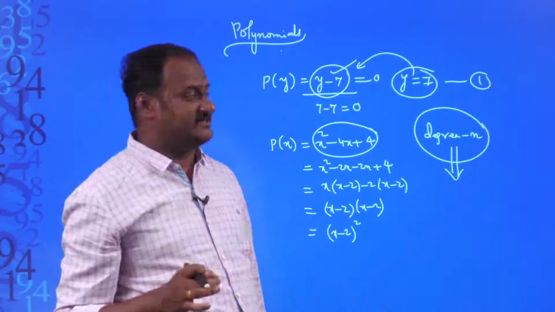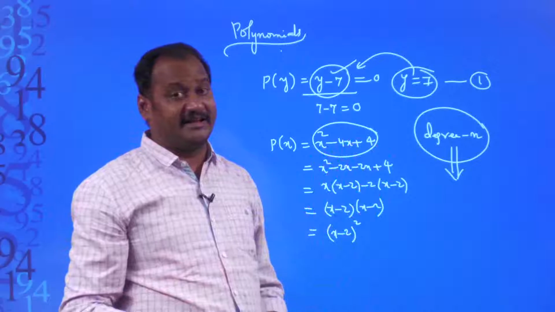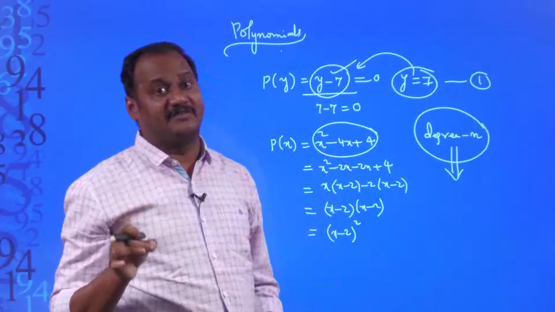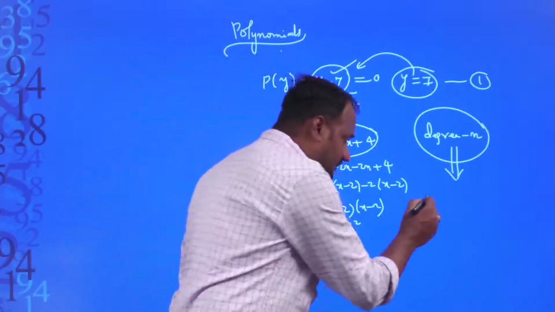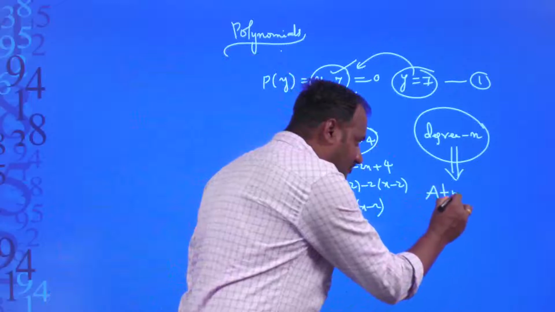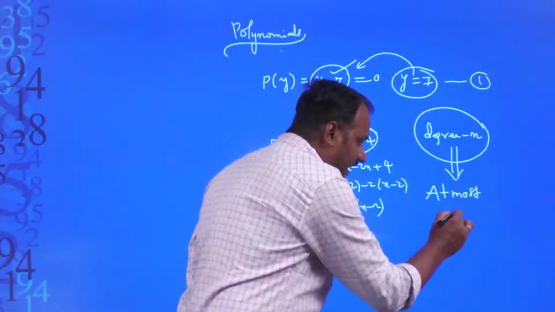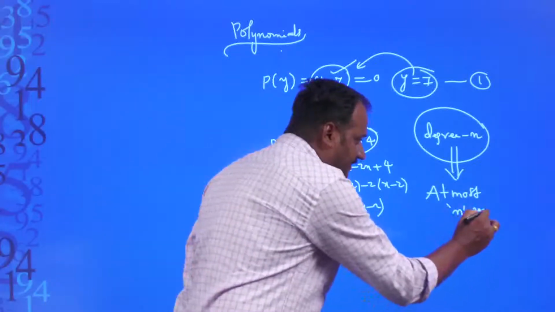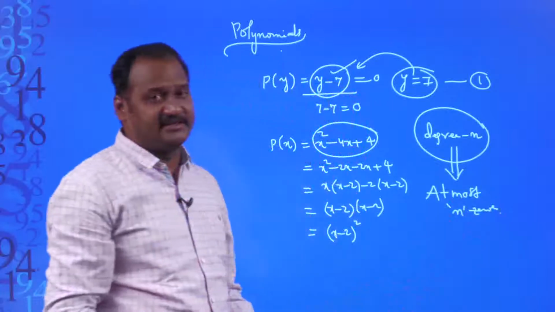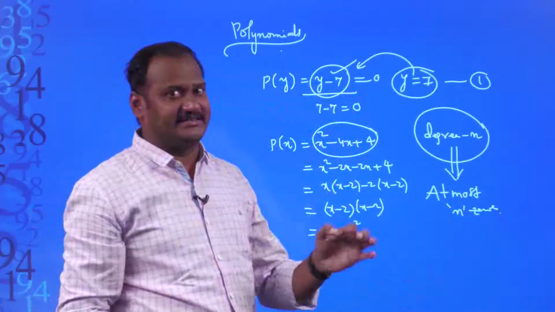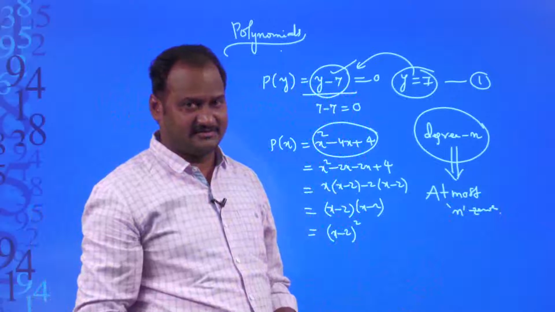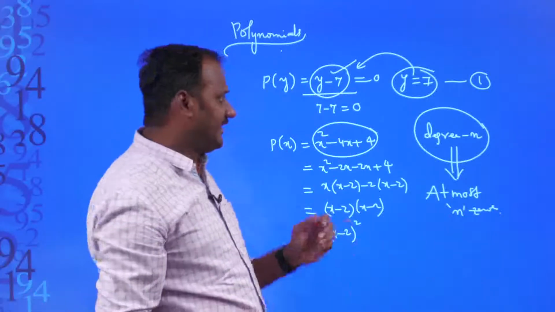We should say that this polynomial of degree n has maximum of n number of zeros, or more precisely at most n zeros. Okay, at most n zeros, but we should not say that it has exactly n number of zeros. Hope you understand my point, right.